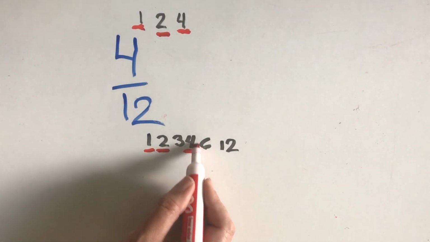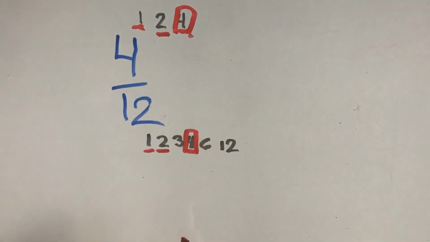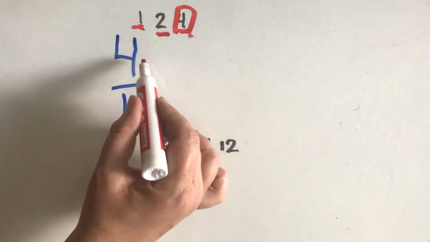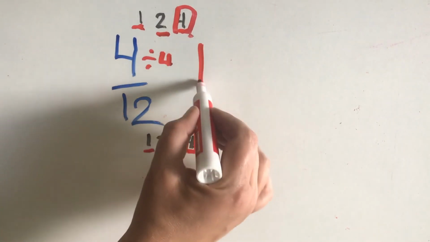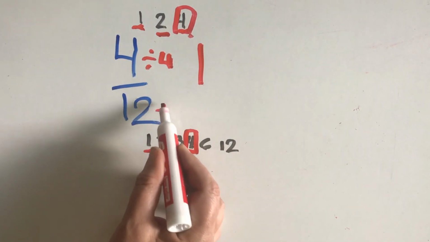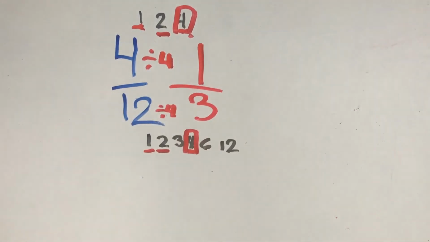We're looking for our greatest common factor, and 4 is our largest number, so we'll use that to simplify our fractions. 4 divided by 4 is 1. 12 divided by 4 is 3. So I could simplify my fraction 4/12 by dividing both the numerator and the denominator by 4 to find that our fraction in simplest form is 1/3.